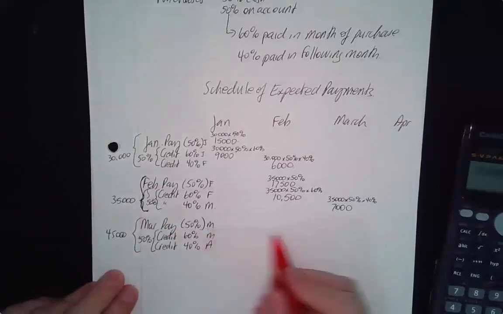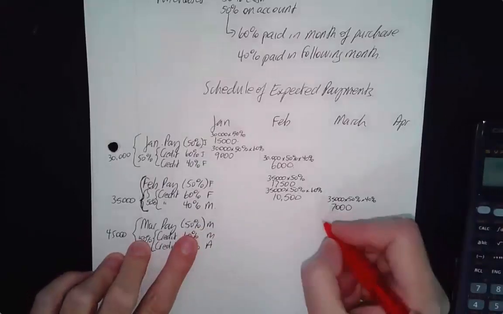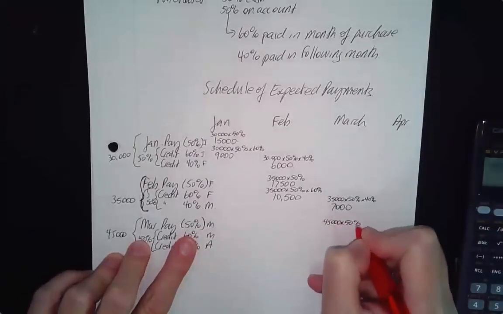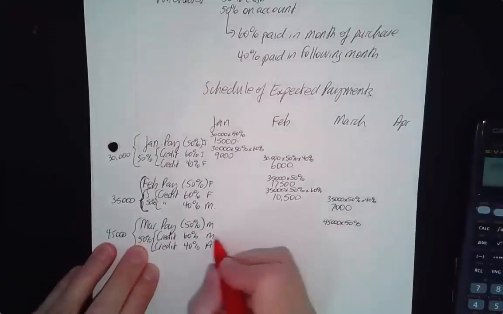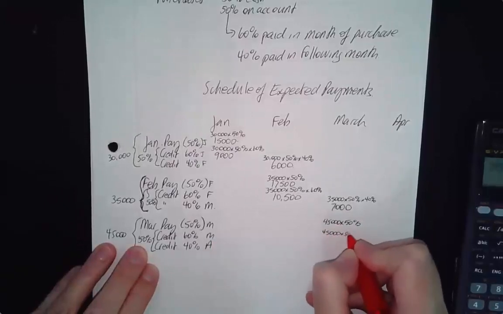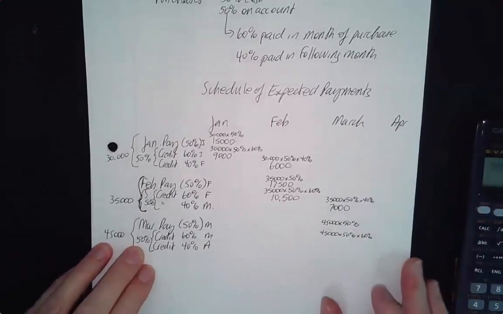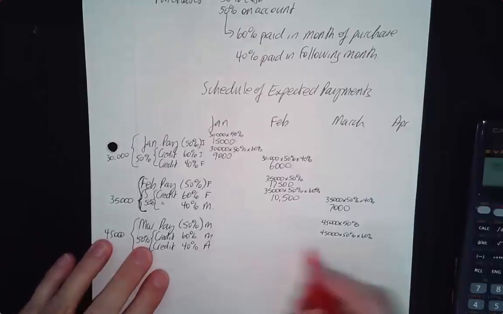So I'm going to do March to March. So I'm going to do 45,000 multiplied by 50%. Then I'm going to do 45, 50%, 60% in the month of March. And then I'm going to do 45,000, 50%, 40% in the month of April.